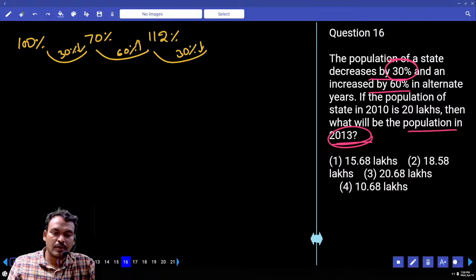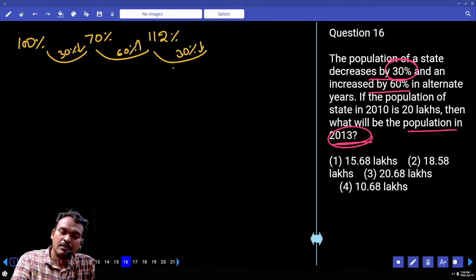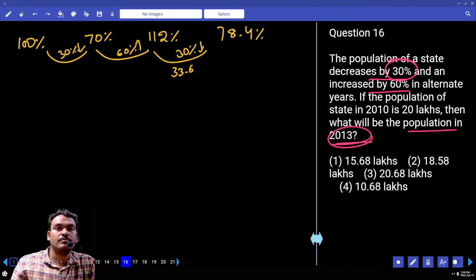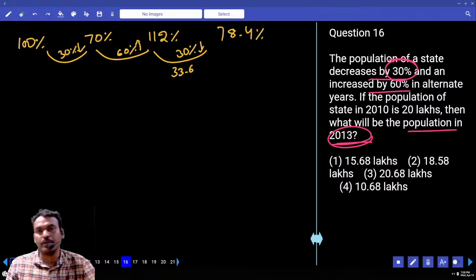30% decreased. What is the 10%? 11.2. 30%? 33.6. Subtracting or adding? Subtracting. 112 minus 33.6, it is 78.4. It is 78.4% or not? 78.4%.